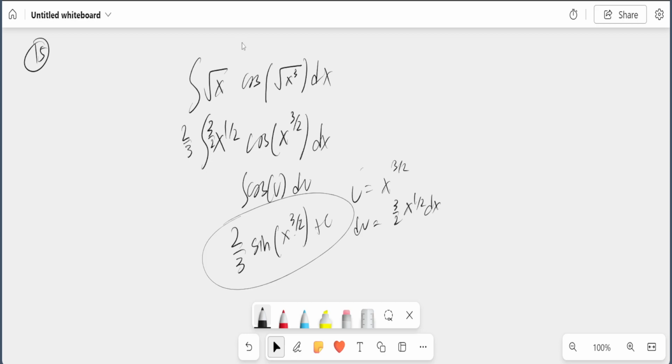It doesn't make sense, because I just found it, and if I take the derivative, I get sine, that becomes cosine x to the 3/2 times the derivative of the inside. So 2/3 times cosine x to the 3/2 times 3/2 times x to the 1/2. So those cancel, and we get that. Okay, I would ask him about this.